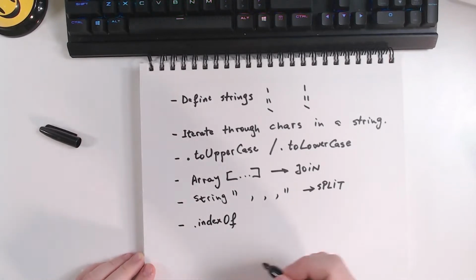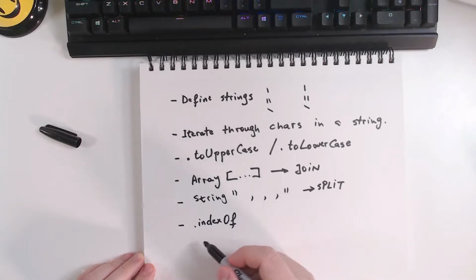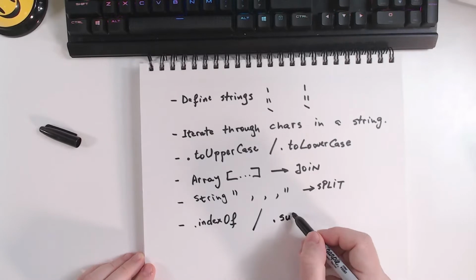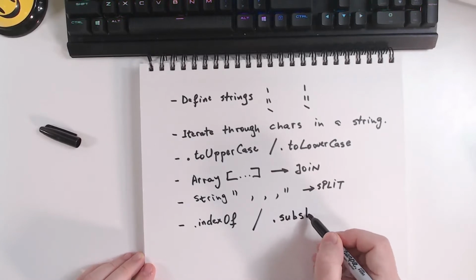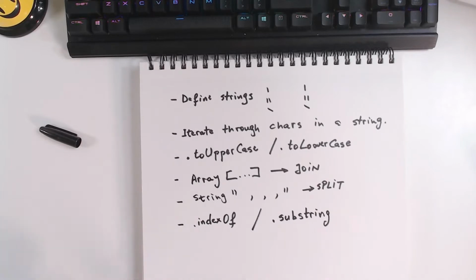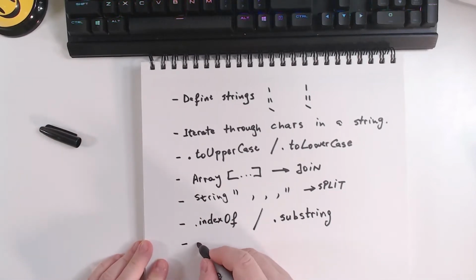And we also need to know the other one, which is substring, which allows us to extract a small snippet from a string. Sometimes we use them together, indexOf with substring, sometimes separately. There is no requirement to use them together.